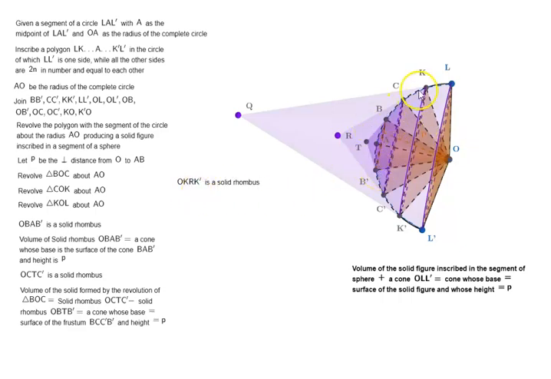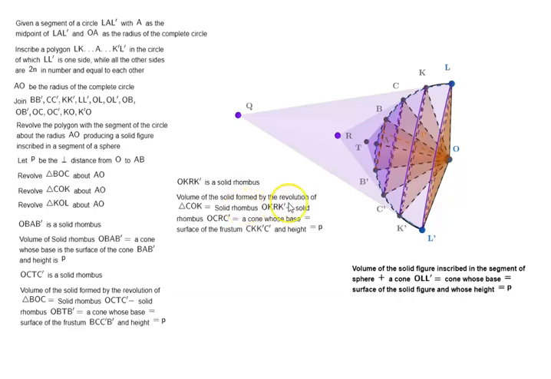OKRK prime is again a solid rhombus. So volume of the solid formed by the revolution of triangle COK is equal to a cone whose base is equal to surface of the frustum CK prime C prime and height equal to P. And again, one more solid rhombus is there. OLQL prime is a solid rhombus.